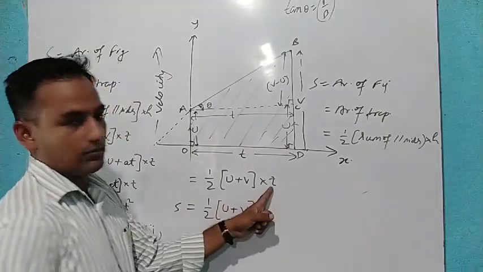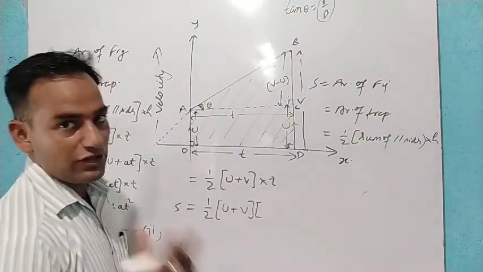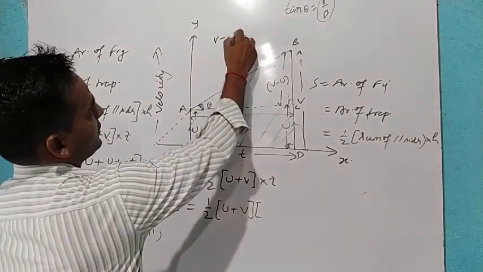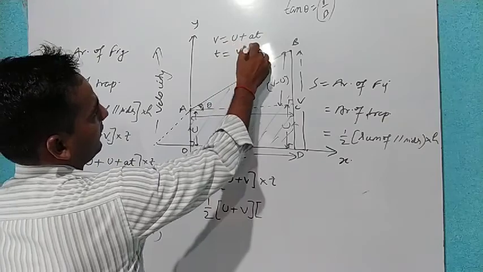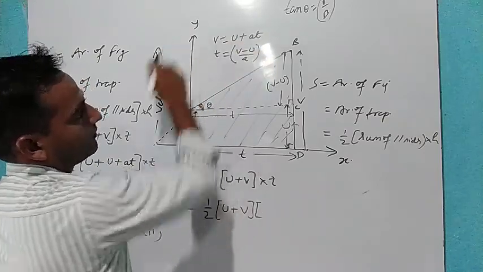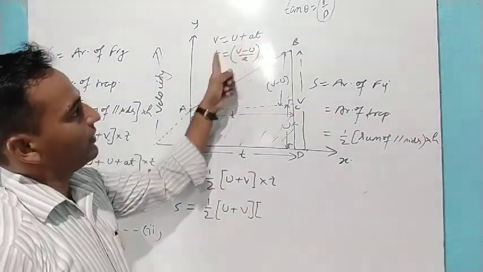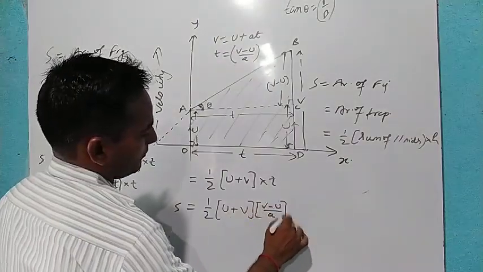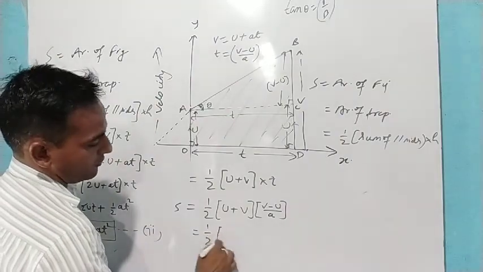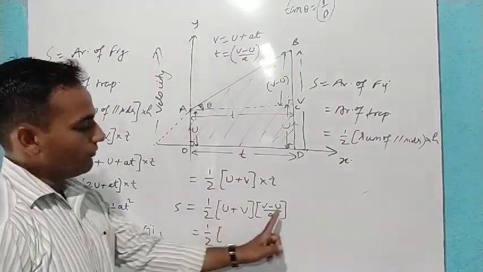In place of time, listen, if the first equation of motion is v is equal to u plus at, if we find t, we will get v minus u upon a. Please replace this. U will come to this side, a will come downward. So, v minus u upon a. 1/2 v plus u, v minus u.